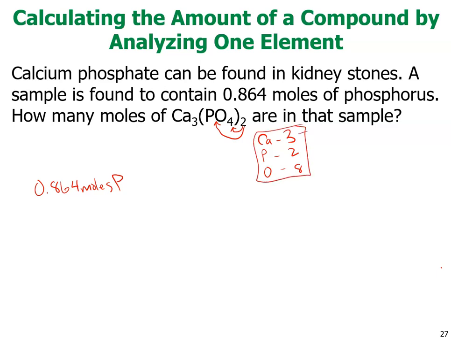We have a 3 to 1, 2 to 1, 8 to 1 if we're talking about the calcium phosphate compound. In order to solve this, if I have this many moles of phosphorus, I will have to say for every 2 moles of phosphorus, I can create 1 mole of calcium phosphate.